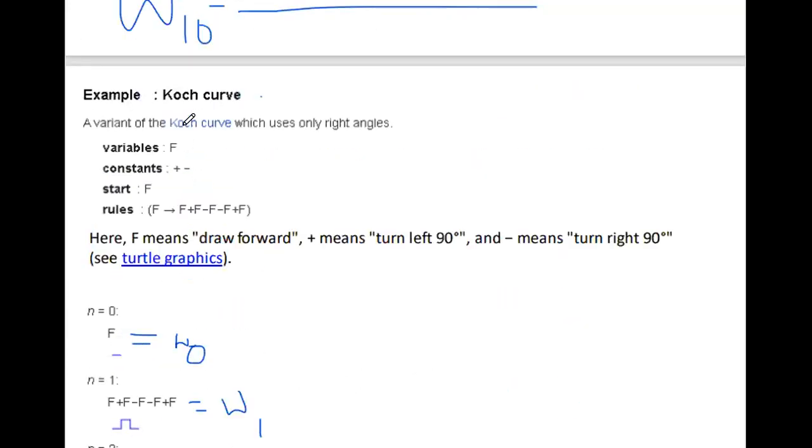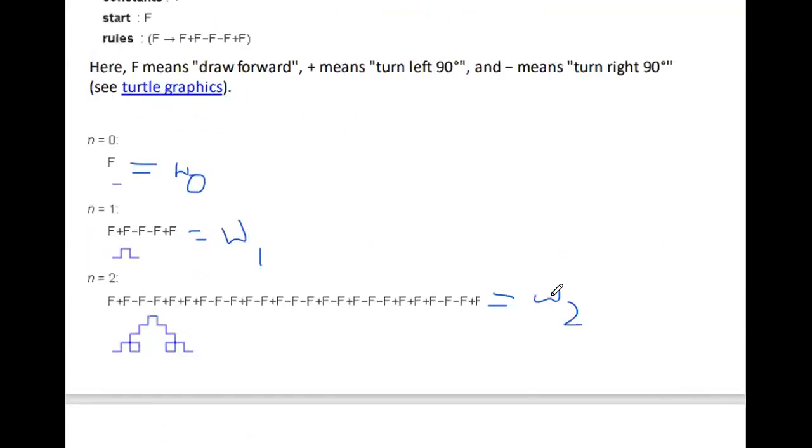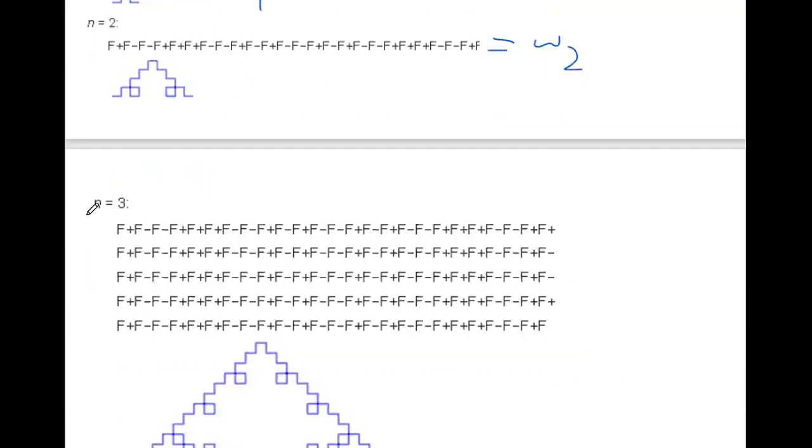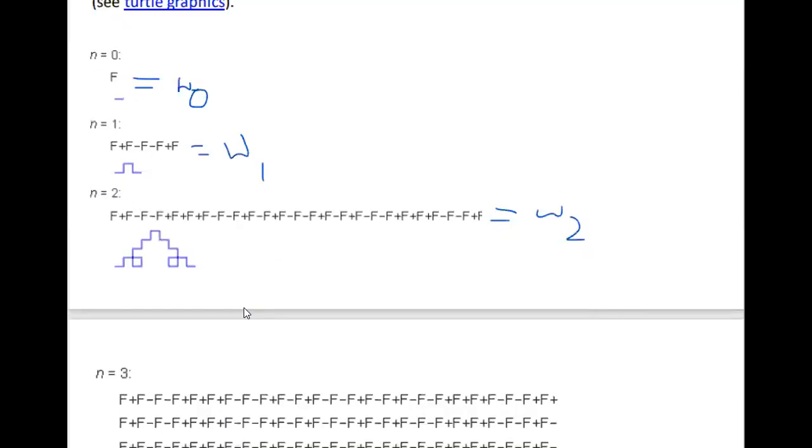So how do you write code to obtain these words? That is one of the tasks. Any questions so far?